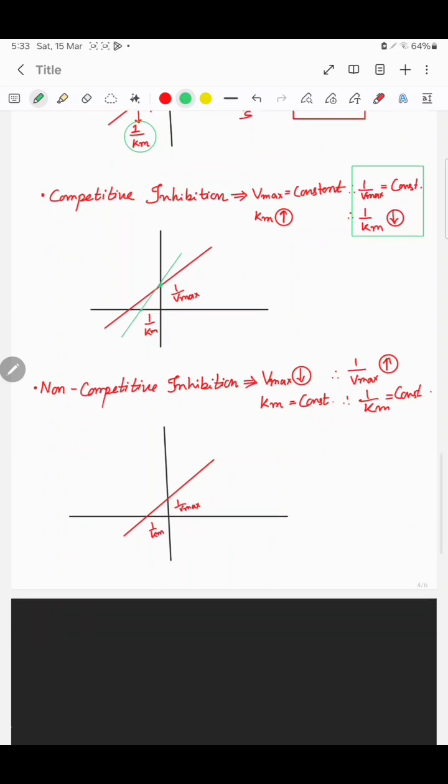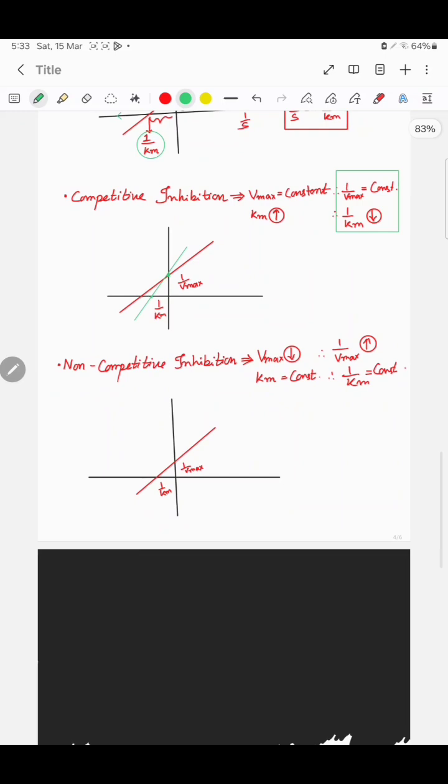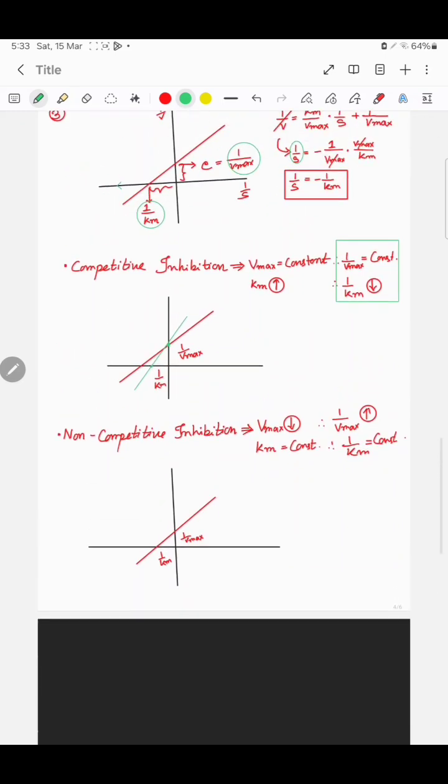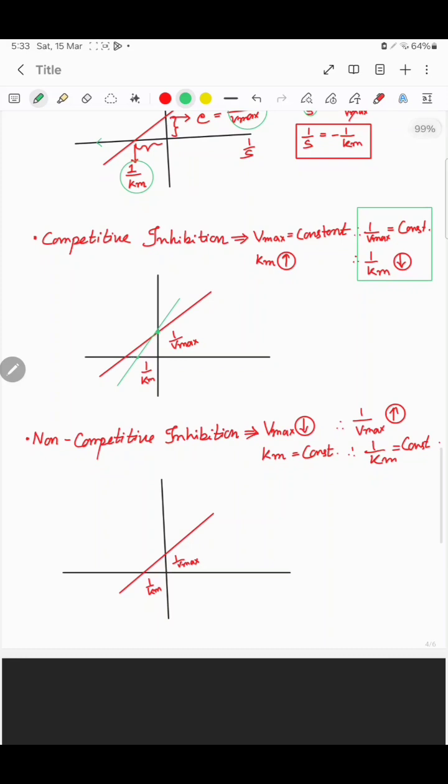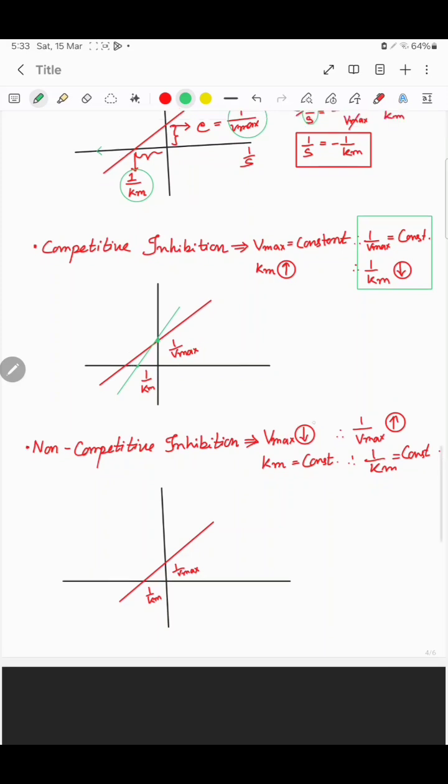So the plot should be something like this. And then what about non-competitive inhibition? In non-competitive inhibition, the maximum velocity decreases, so 1 by Vmax should increase, and the Km remains constant, so 1 by Km remains constant.